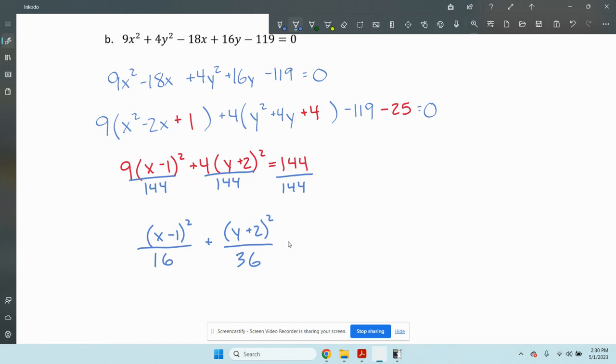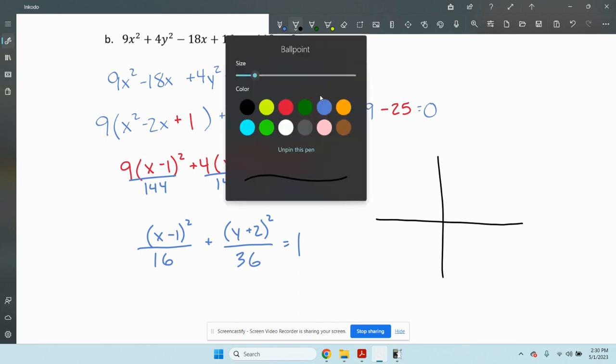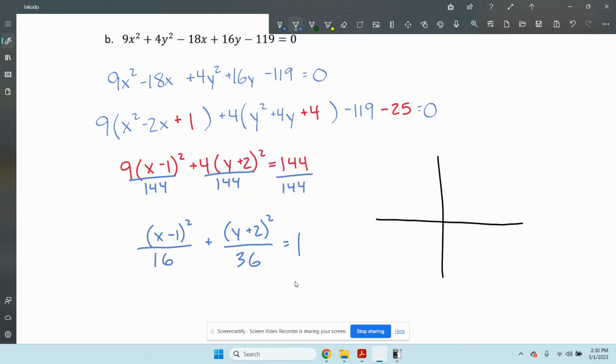Equals 1. So if you were to graph this thing, you could graph it. I'm mostly concerned with what the center is. The center here is (1, -2), from the values next to the x and the y. And this is going to be a tall ellipse. The distance between the center and the top and bottom is the square root of this, so 6.